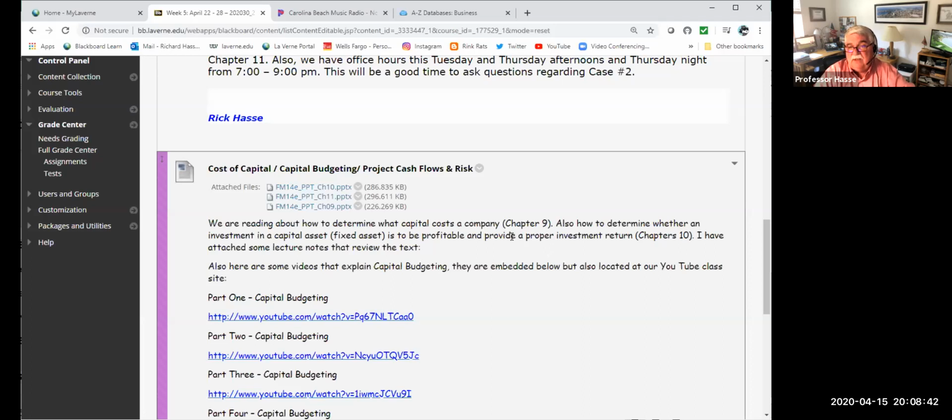We now know what our WACC is. We now know what our cost of capital is. Now we have to select what assets we're going to invest in with that capital. Are we going to buy a building? Are we going to create a new product line in Nevada? Are we going to invest in a new plant in Mexico, in Europe, in San Dimas, wherever?